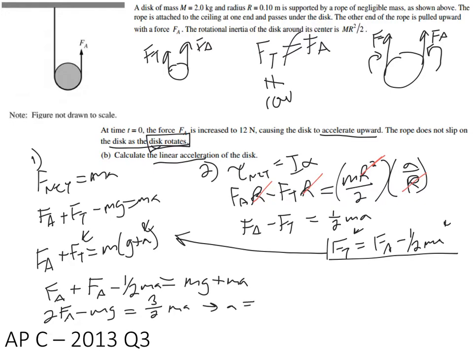So A is going to be equal to 4/3 FA over M minus 2/3 of G.